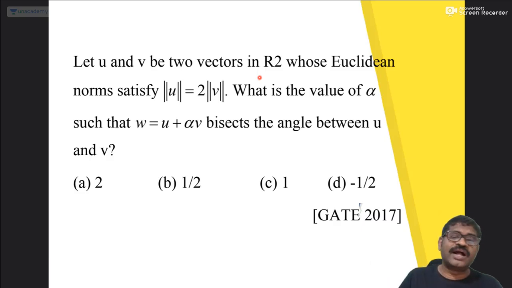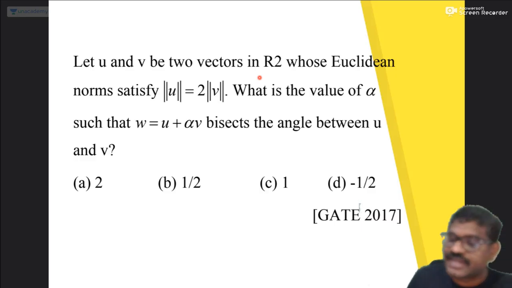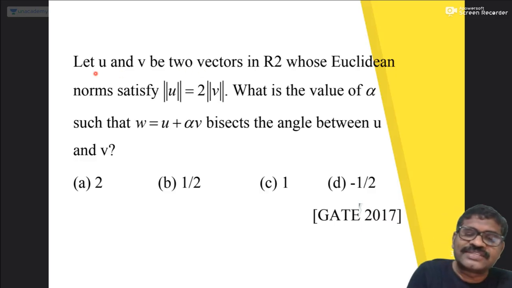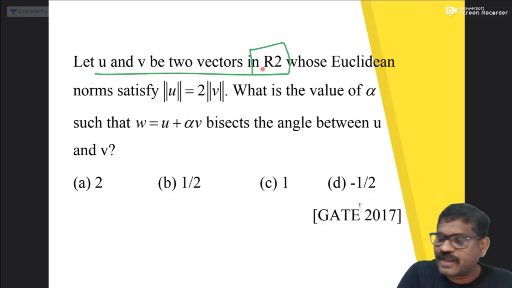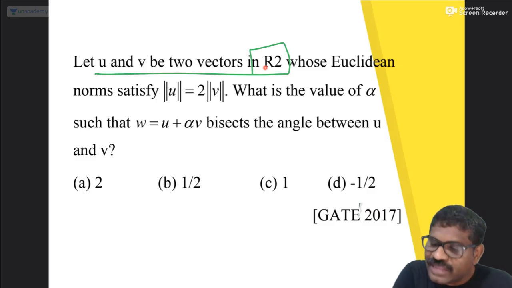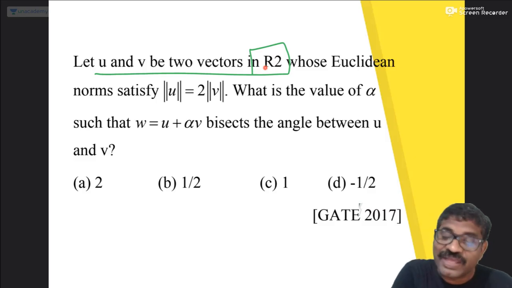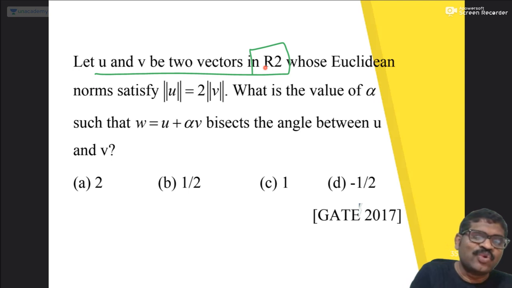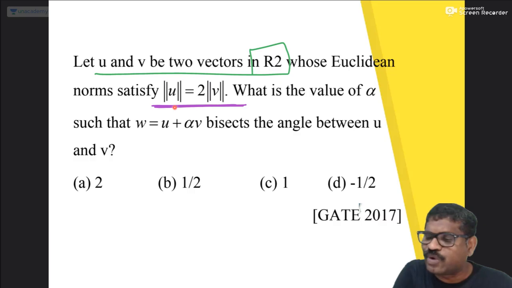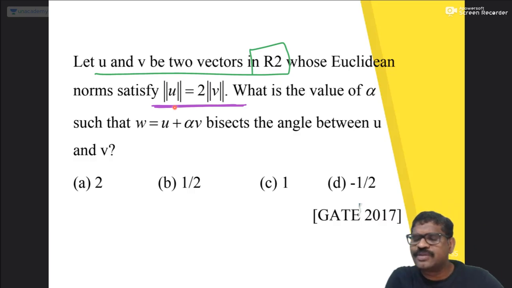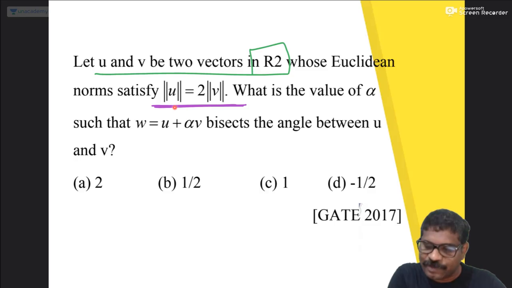U and V are 2 vectors in R square. R square means 2-dimensional space, a plane, the XY plane.